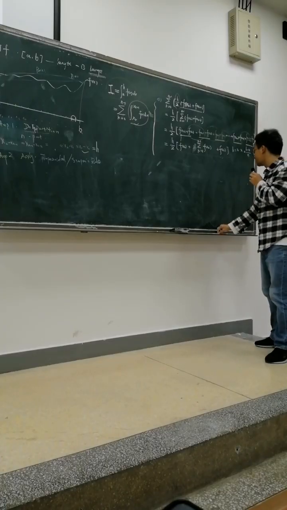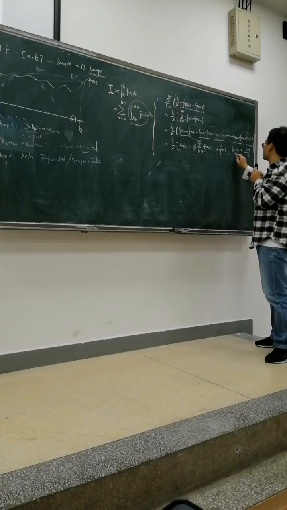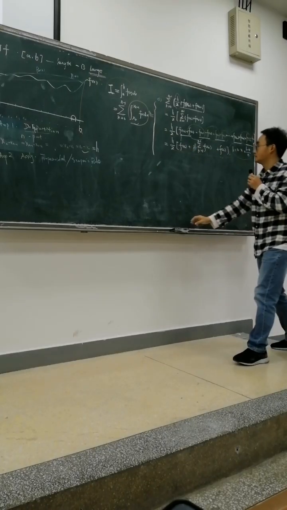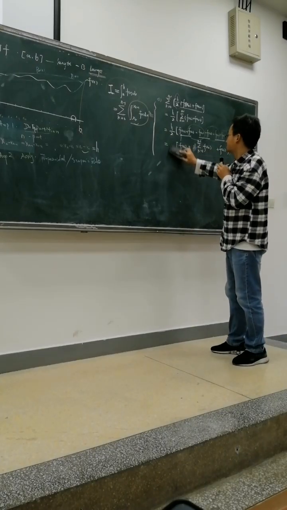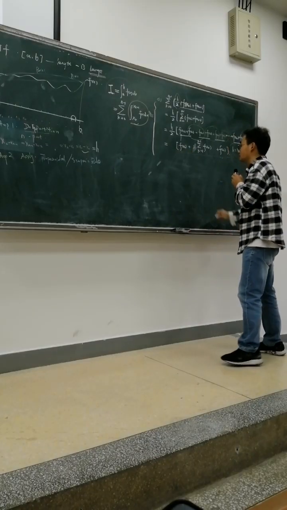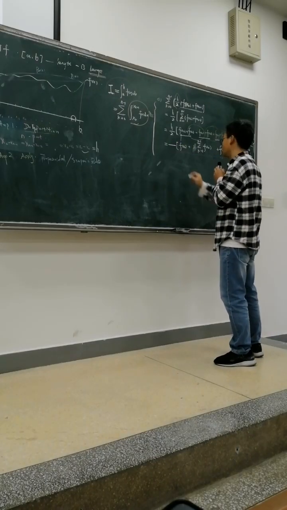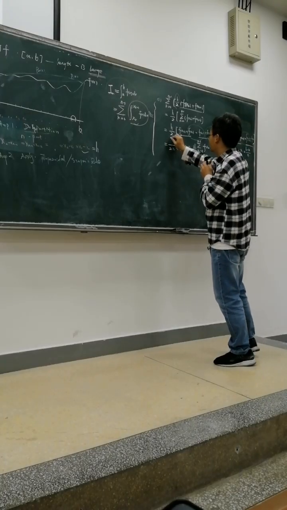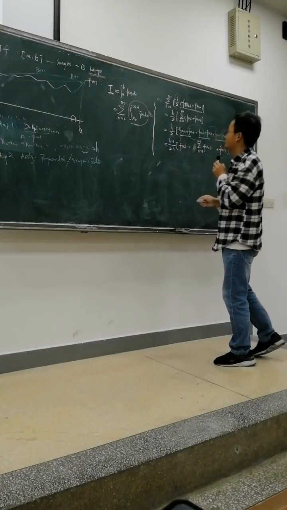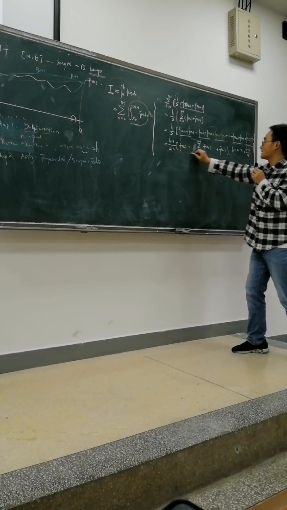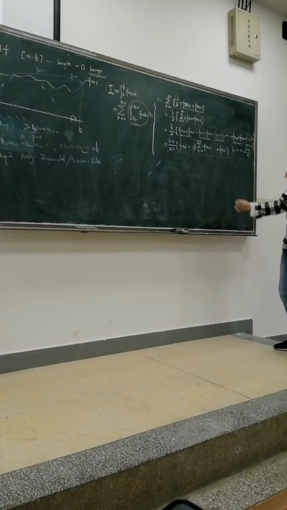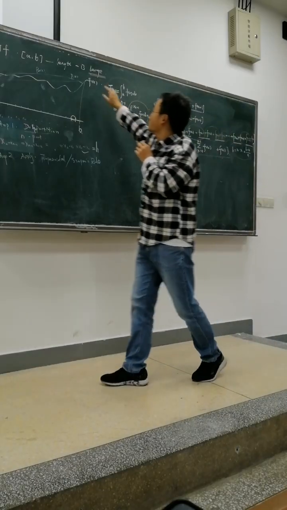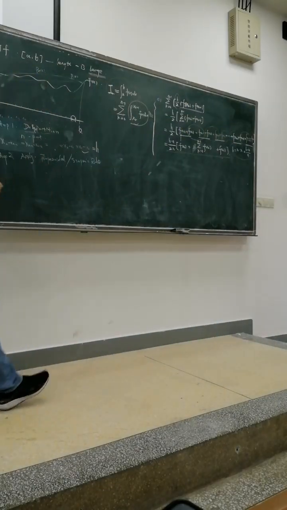If we substitute this into here, it will be b minus a over 2n. So this is the whole technique for the long length of the interval.